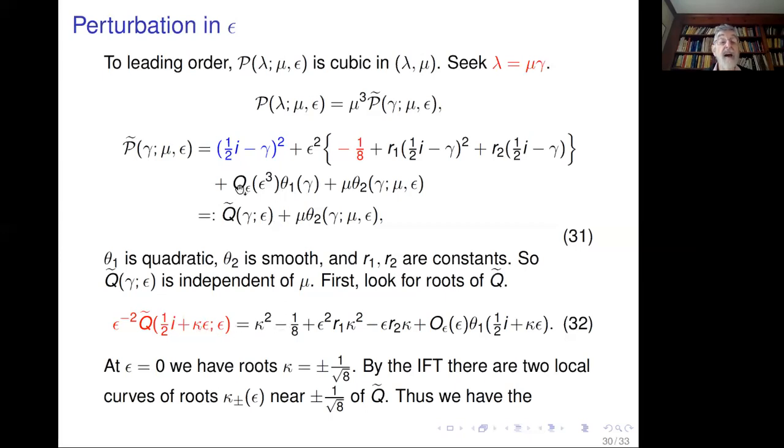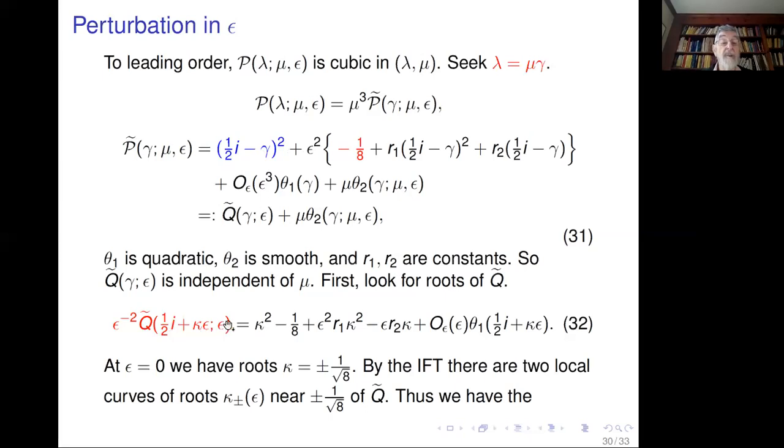So if I do that, you'll get kappa epsilon squared. You'll get an epsilon squared out of this thing, and you have an epsilon squared here, and epsilon squareds basically everywhere else. And so I divide by epsilon squared.